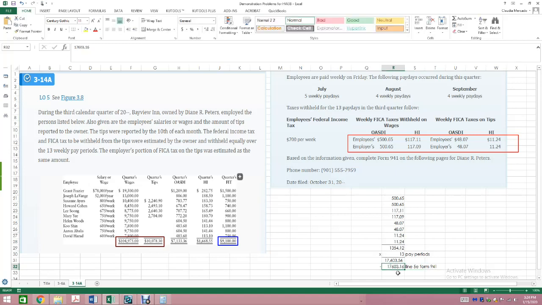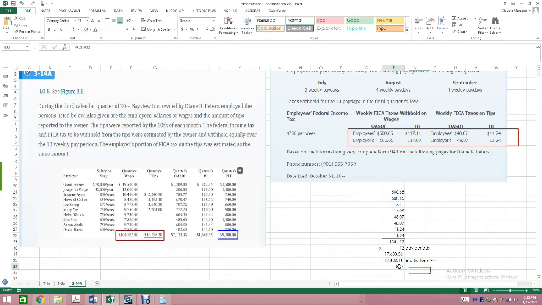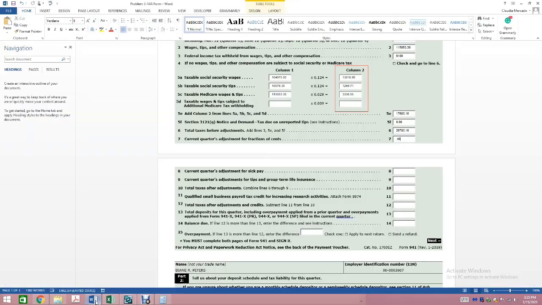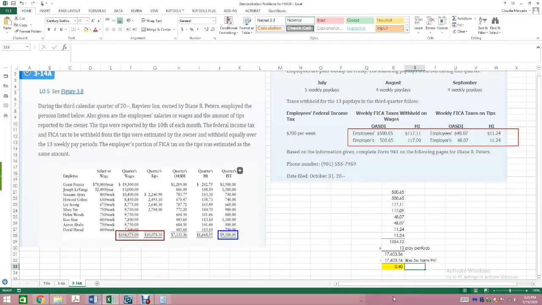And then we can calculate the amount of the adjustment. That minus that will give us a 40-cent adjustment, okay? Which goes in line 7.